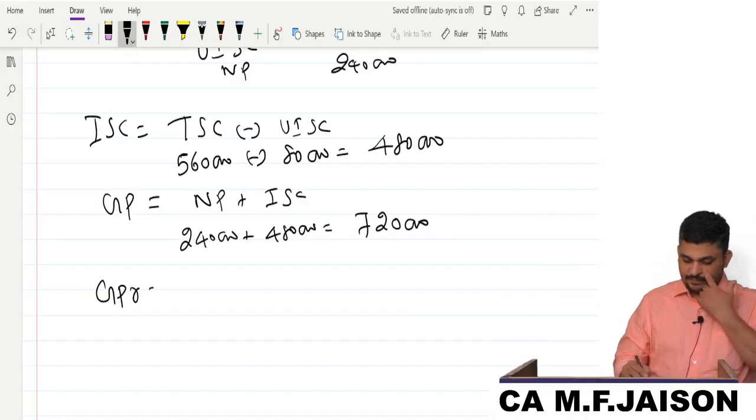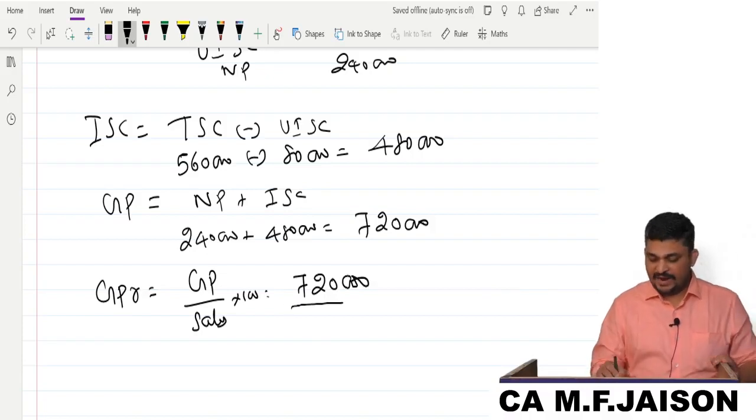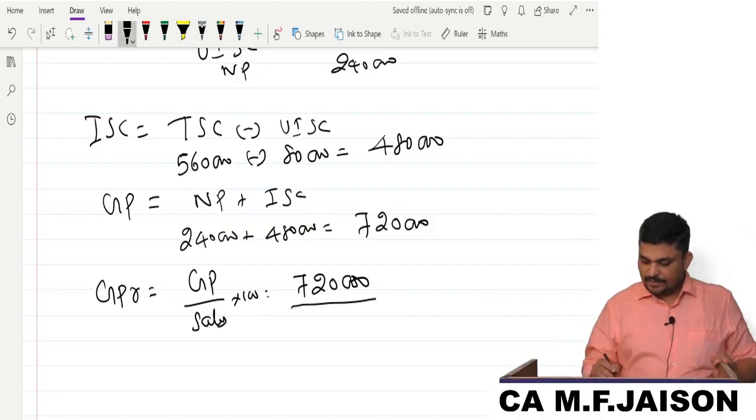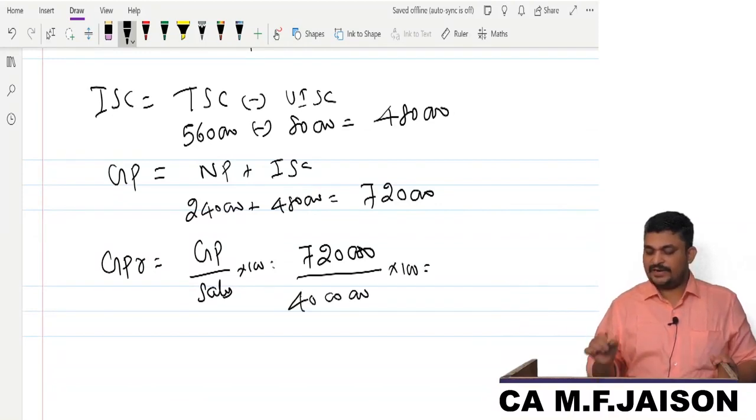GPR is equal to gross profit by sales into 100, which is 7,20,000 divided by the sales figure 40 lakhs into 100. So it is 18%.